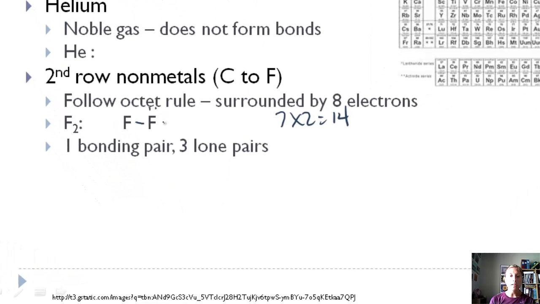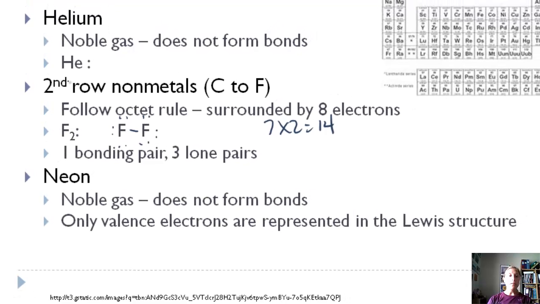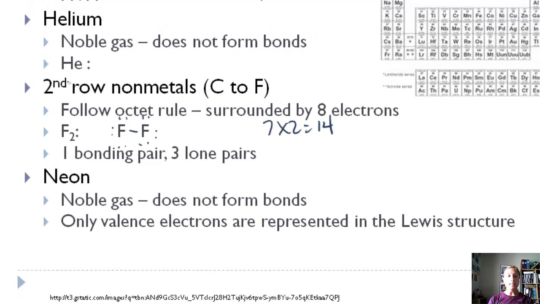They are each surrounded by 8 electrons, 2 being shared, and 3 lone pairs, so 1 bonding pair and 3 lone pairs, and that forms a stable compound. Today we're going to talk about how to draw those Lewis structures. If we look at neon, it's a noble gas, it doesn't form bonds. Remember, only valence electrons get represented in the Lewis structure.